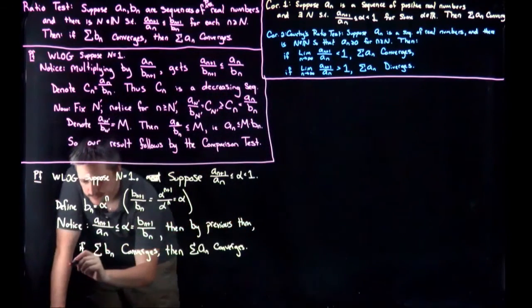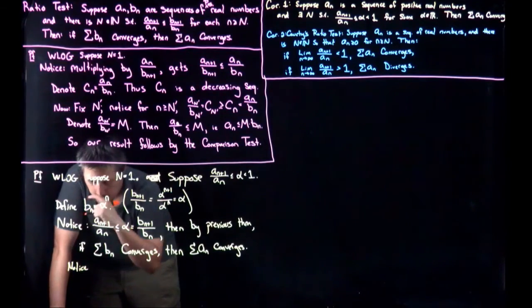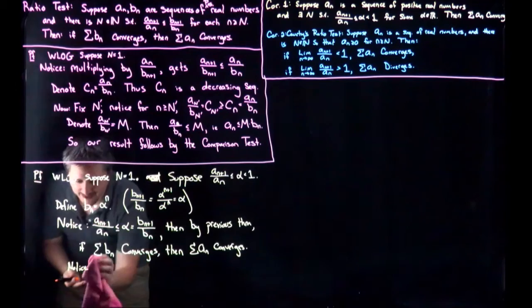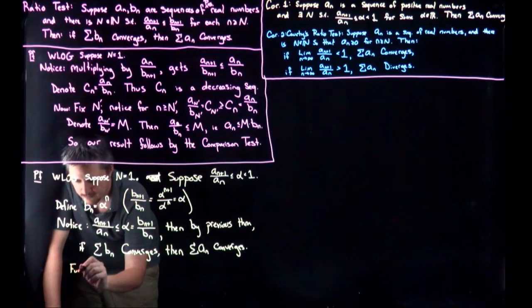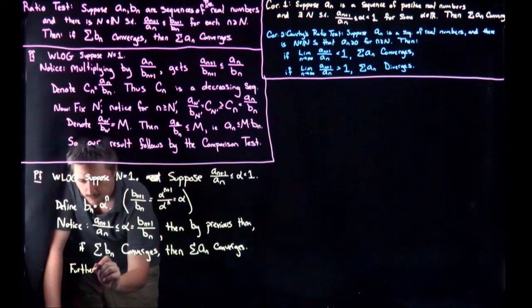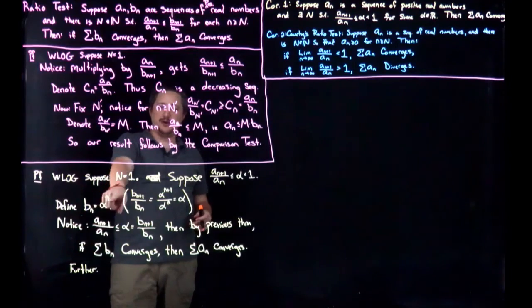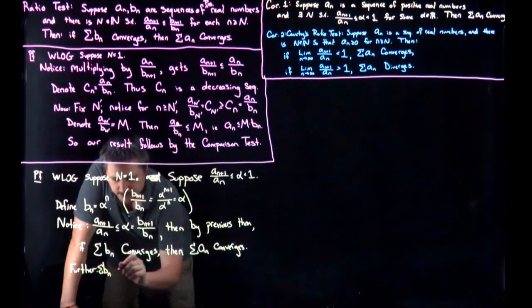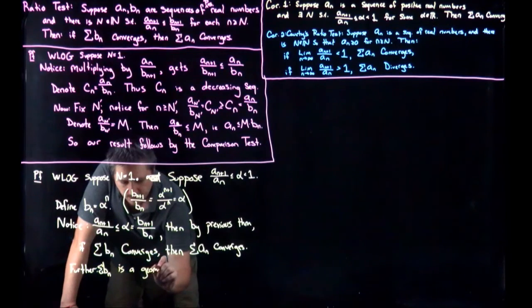But notice, I guess I should, that's just bad writing, so maybe I'll say further. So furthermore, bn is what? Well, bn, so the series really is what I care about. bn is a geometric series.